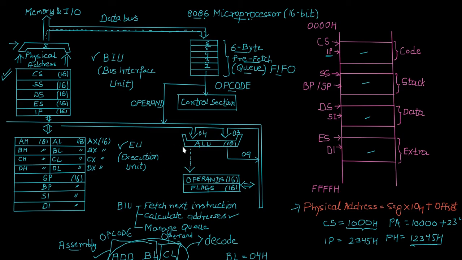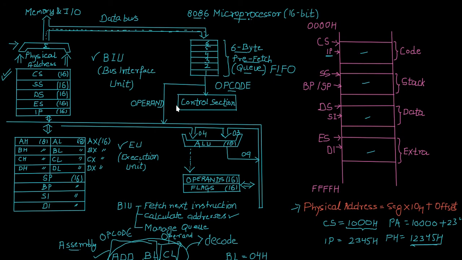So in the execution unit, you can see here we again have this structure, and this is known as the ALU this time. ALU means arithmetic logic unit, and this is 16-bit. This means that the structure can do operations or the arithmetic of up to 16-bit instructions.